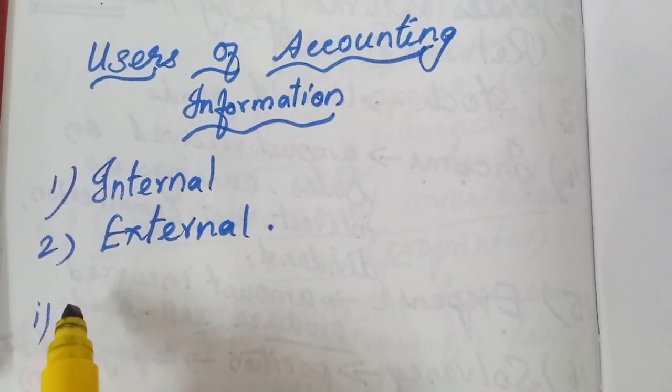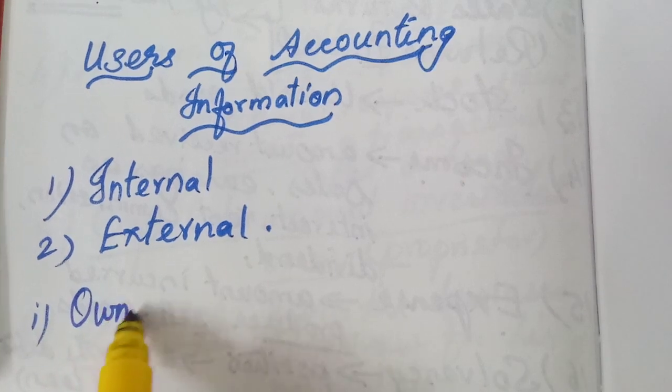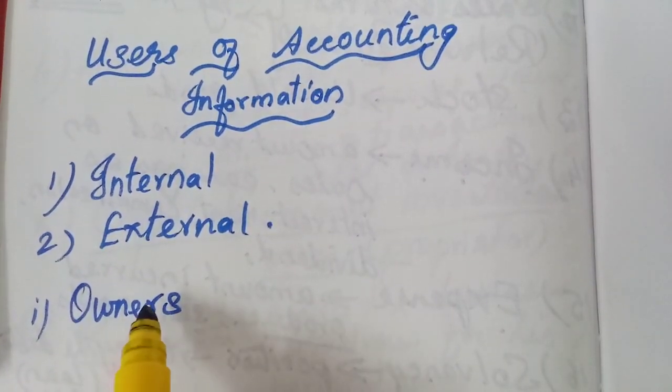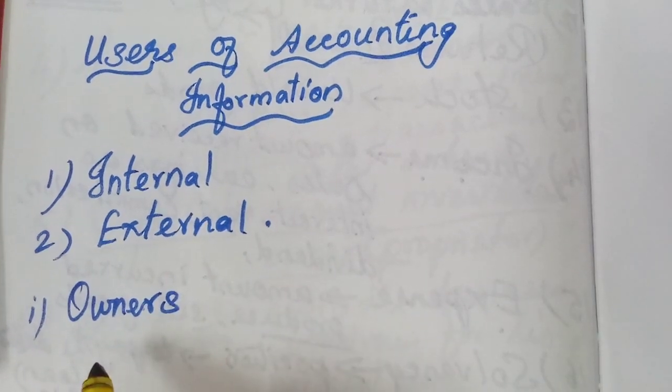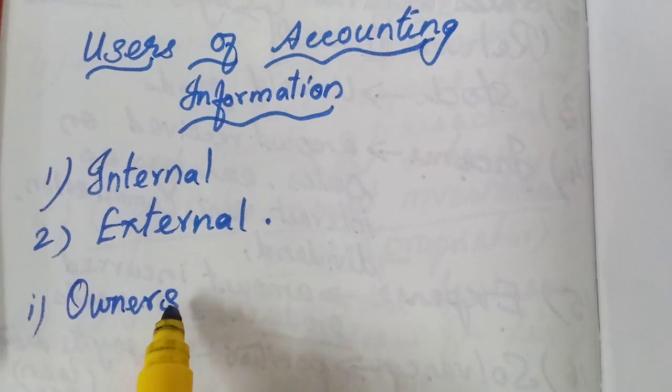Internal users are owners first, because they are the ones who invest money, isn't it? So three are there: owners, then management, and employees. So first we will learn this in detail.